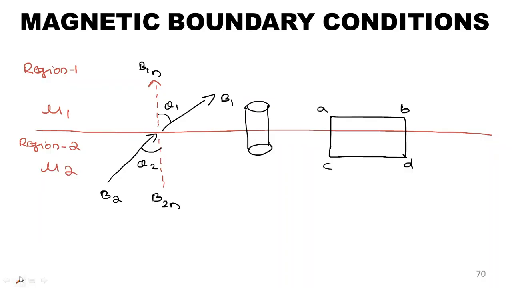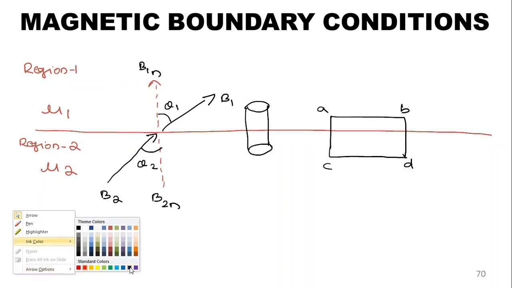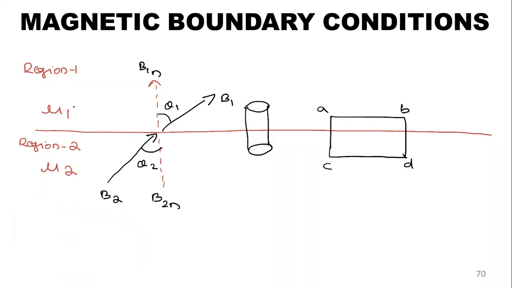So when it comes to magnetic boundary conditions, we have two regions, region 1 and region 2, and they are two different mediums, of mu1 and mu2, and we will consider the normal component. We have a magnetic field moving from region 2, which I will call B2, to region 1, where I will call it B1, and this is the normal.